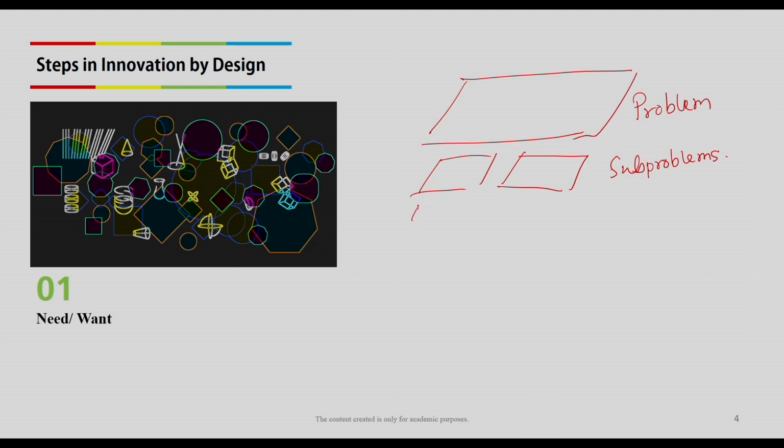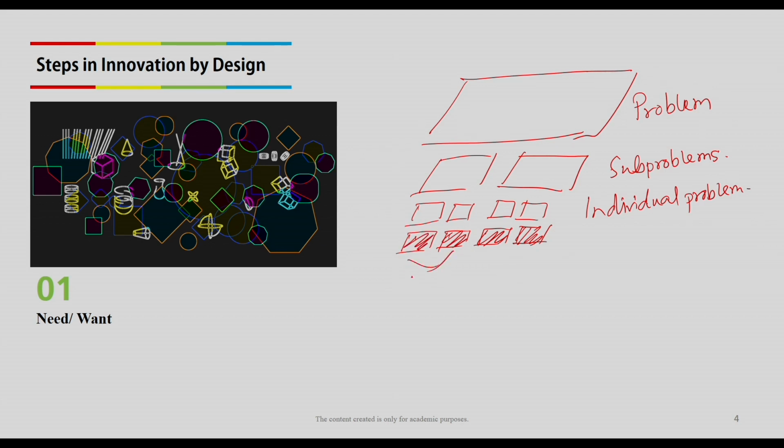And then sub problems into individual problems. So, now these individual problems are smaller and easy to solve. So, then we will have individual solutions.